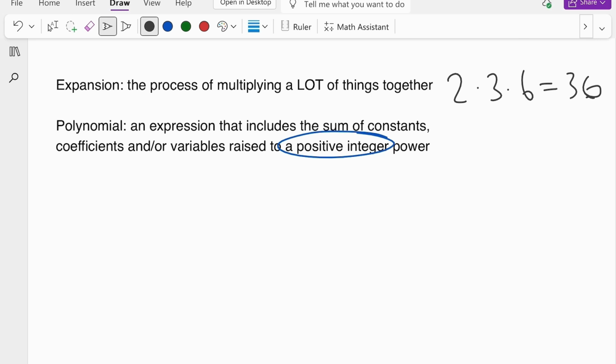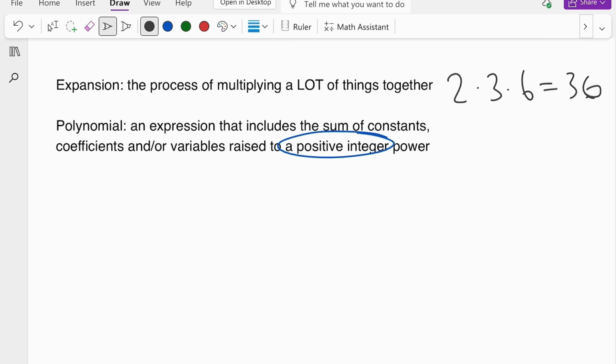And note that I used "and/or" because it just needs to be at least one of these things to be a polynomial. What I mean is that a polynomial could just be a constant. It could just be a variable. And that variable has to be raised to a positive integer power. For example, 1, 2, 3, 4, or sometimes you could do 0, but that's technically 1 because x to the 0 is just 1.